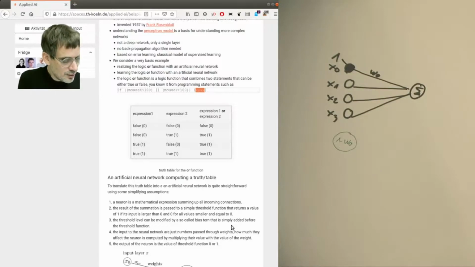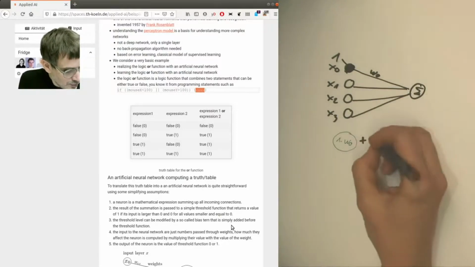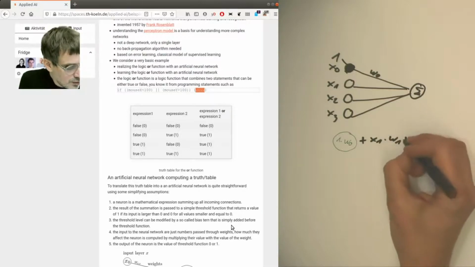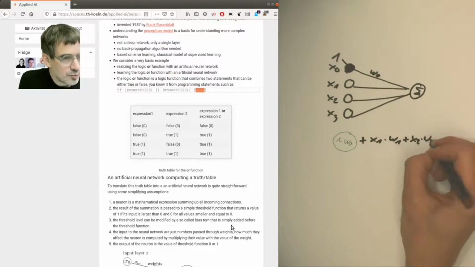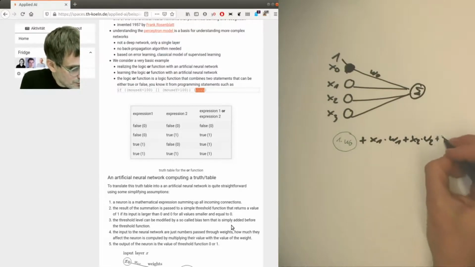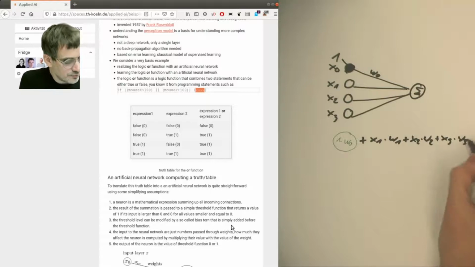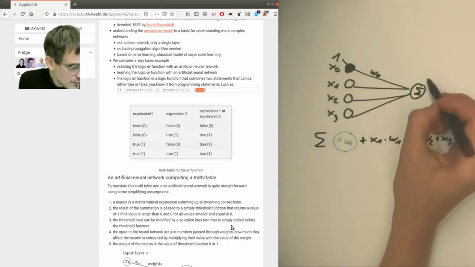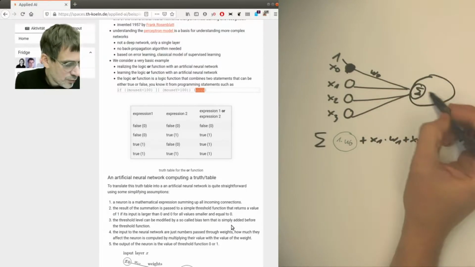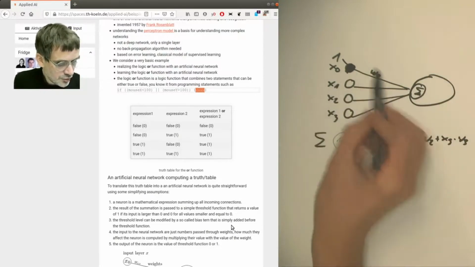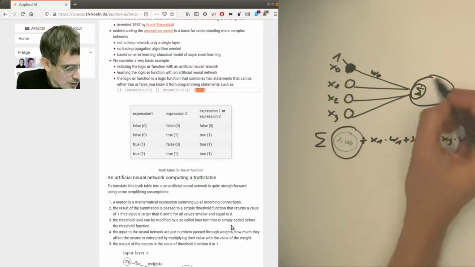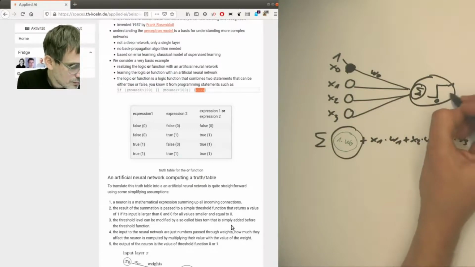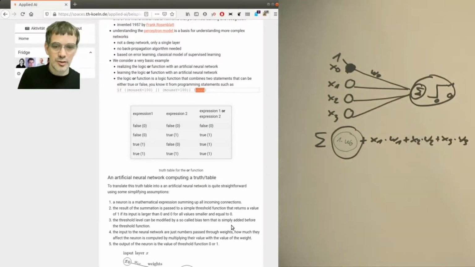This one is added then plus x1 times w1 plus x2 times w2 plus x3 times w3. While we have a little bit more complication here because we have this additional term, here we only have a threshold function that switches at 0. So that makes the whole construction a bit easier.